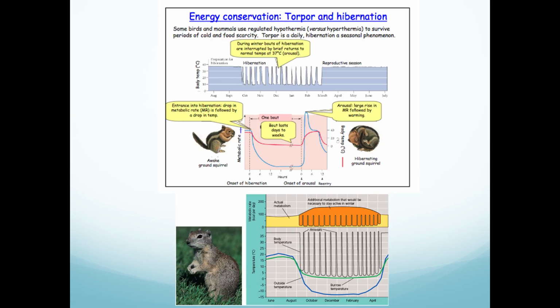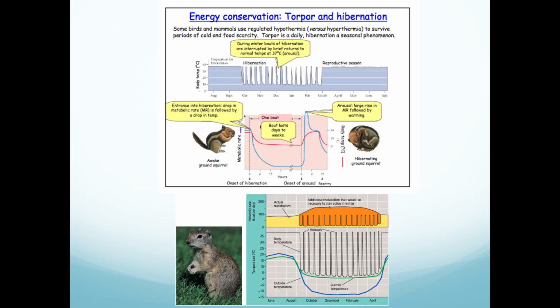So here we have this little Belding's ground squirrel, and it's basically the same graph. You can see at the bottom the torpor, where the spikes dip to the bottom, and where it says arousal, that's where the ground squirrel is coming out of the burrow or eating during the winter and then going back to sleep. This is happening a lot of different times over the season.